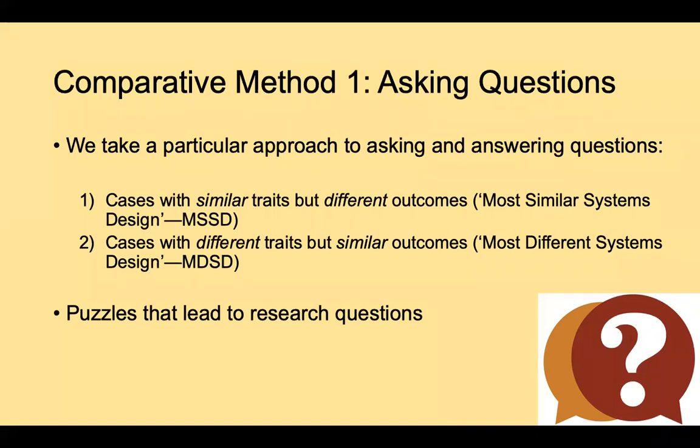It might be the most important method of all, though, because we can't begin unless we identify a puzzle, a question, a problem. And in comparative politics, we use really two methods for asking questions. The first method is what we call a most similar systems design.